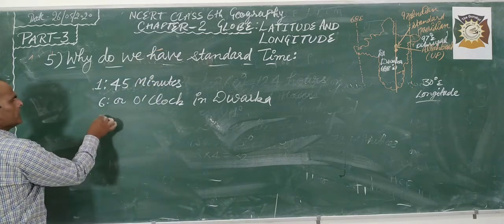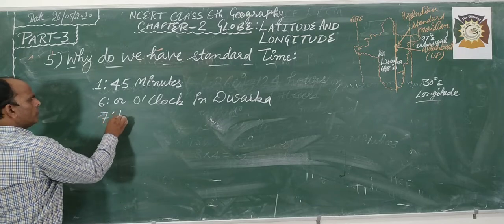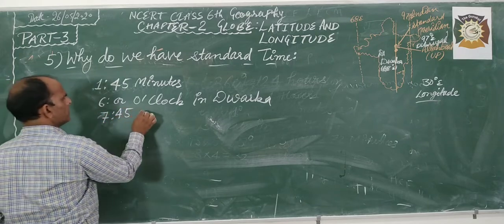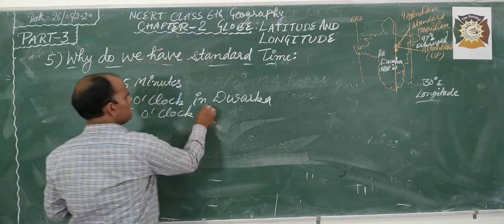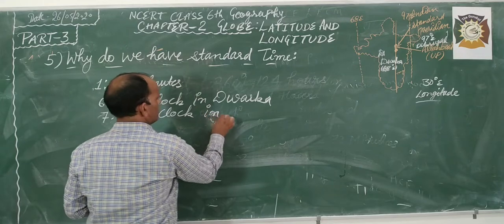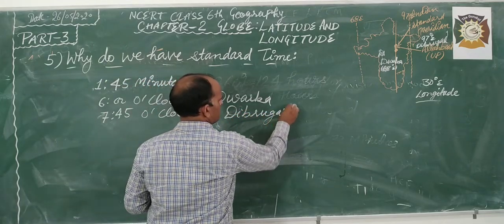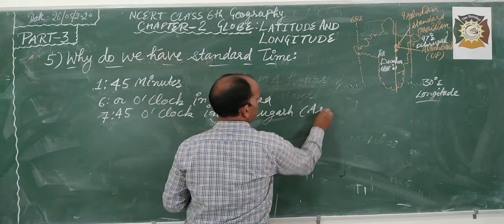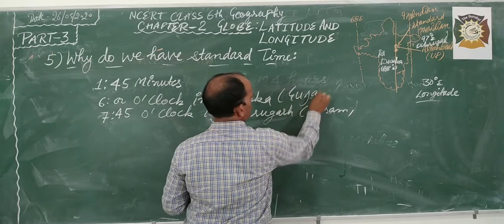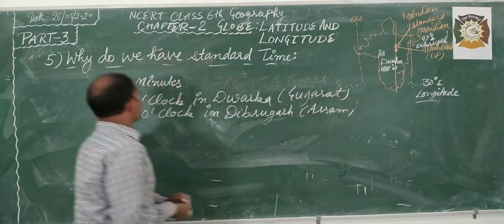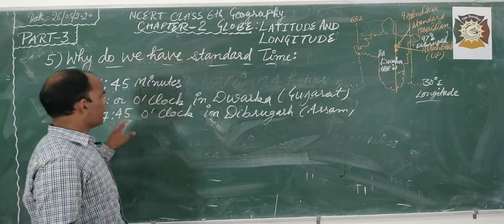It will be 7:45 in Dibrugarh, Assam. So in India, there is a difference of 1 hour and 45 minutes.